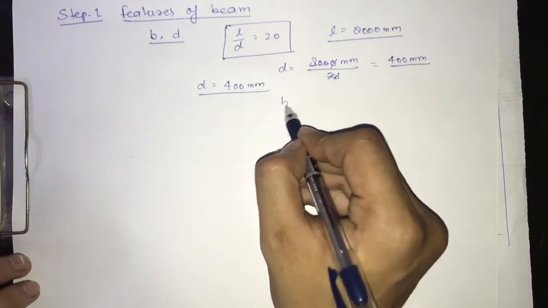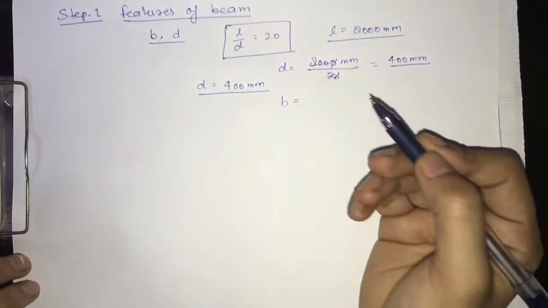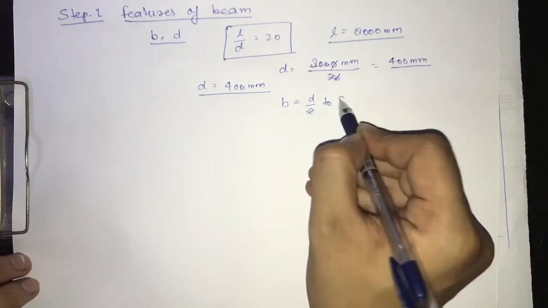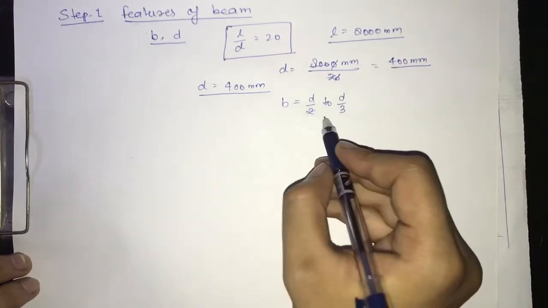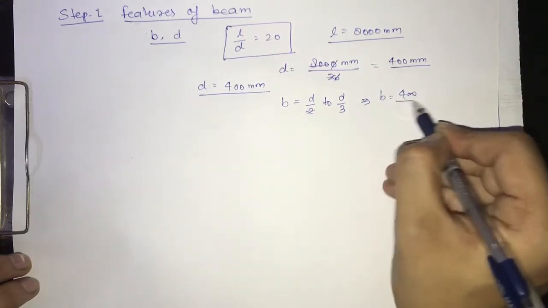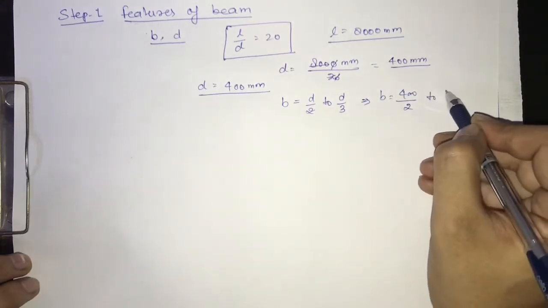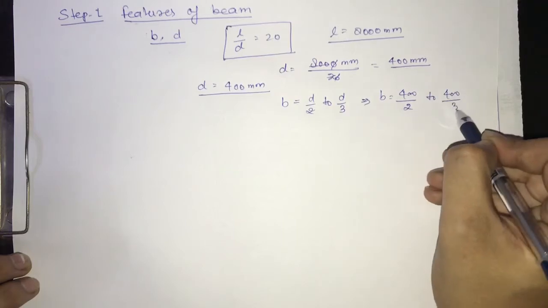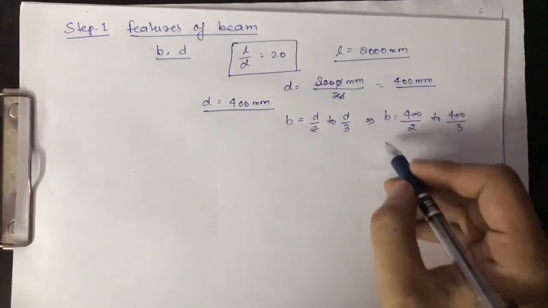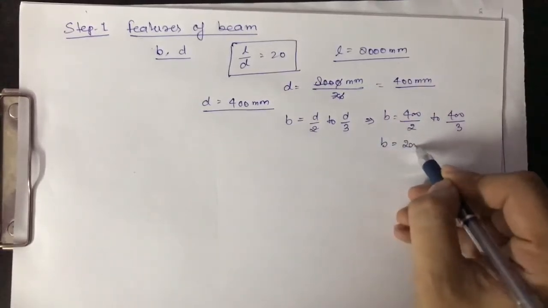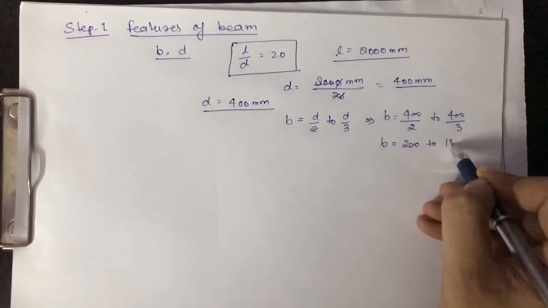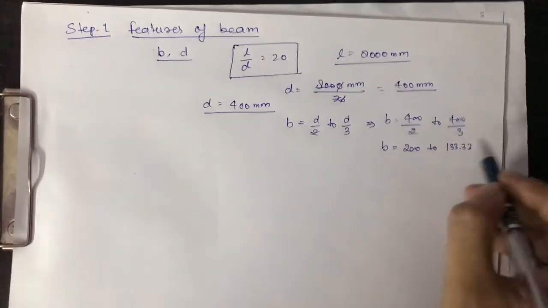According to the IS code, the width of a simply supported beam should lie between D by 2 to D by 3. So B is equal to 400 upon 2 to 400 upon 3. So it is 200 to 133.33.